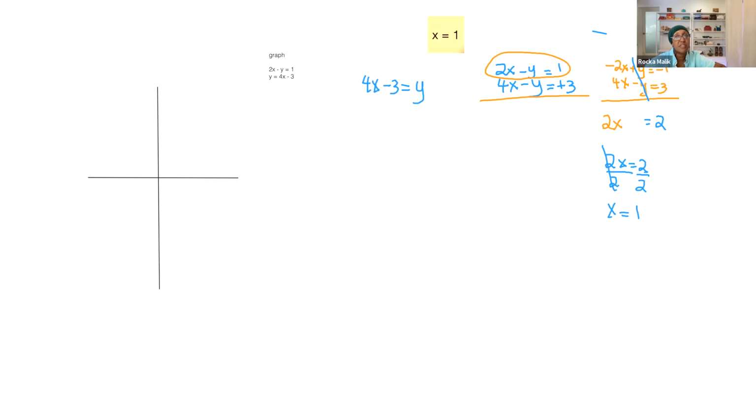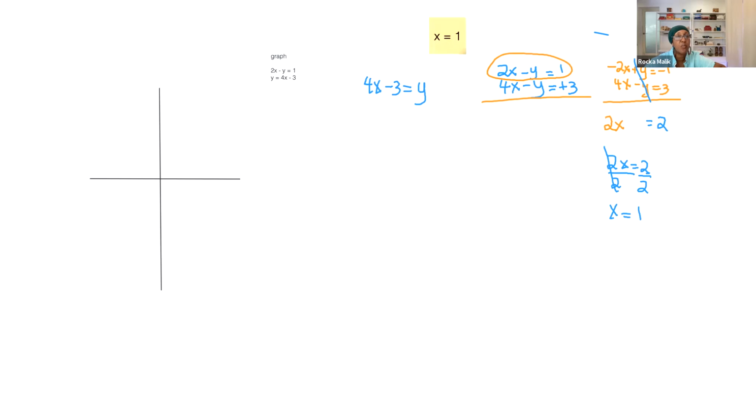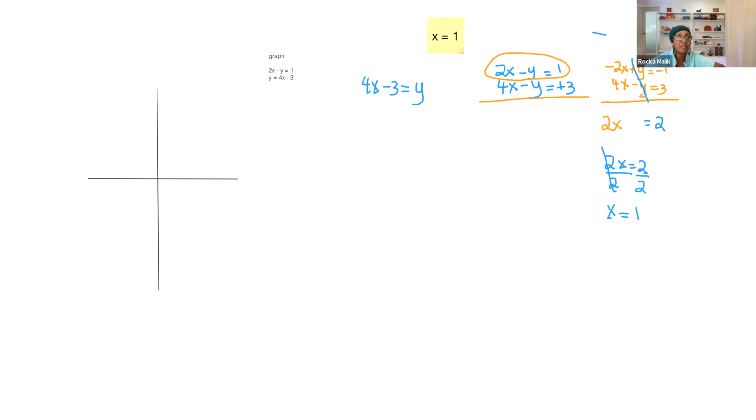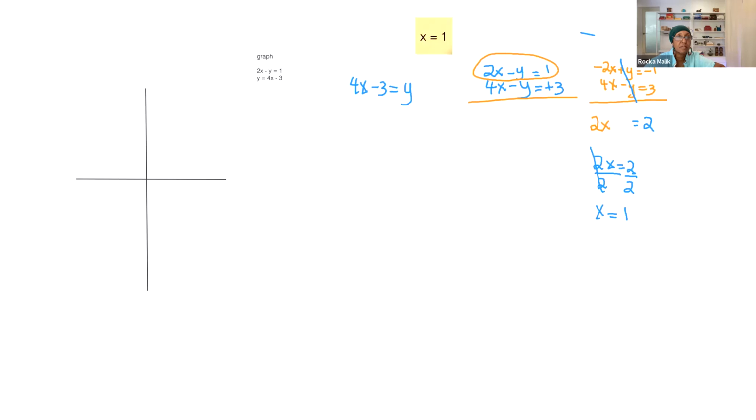Then I'm gonna use this x equals 1 in one of my original equations to figure out what y is. So I'm gonna use it in that one. So do you always have to solve for x on the first one and then plug it in?